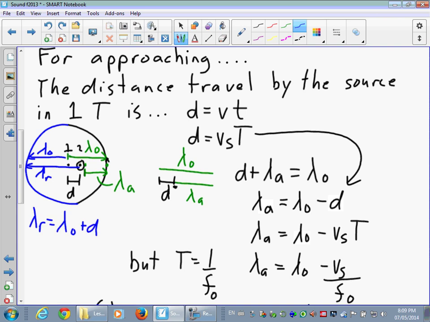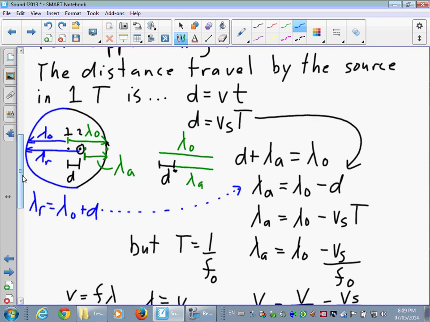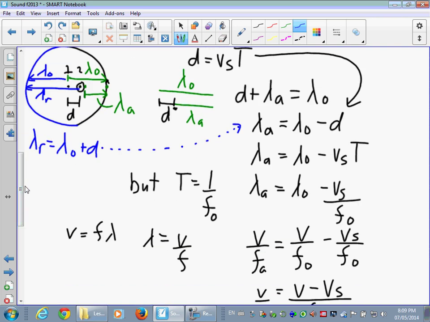So compare this to that. Instead of subtracting d like we did in the first example, you're going to add d. That is the only difference. So if we look at that down here, we will add d over here instead of subtracting d.